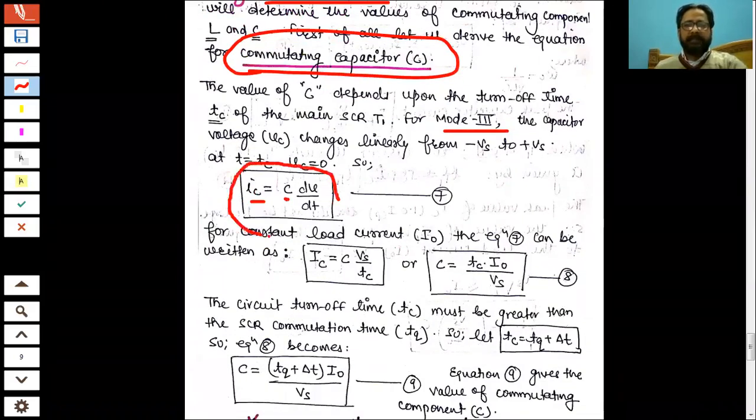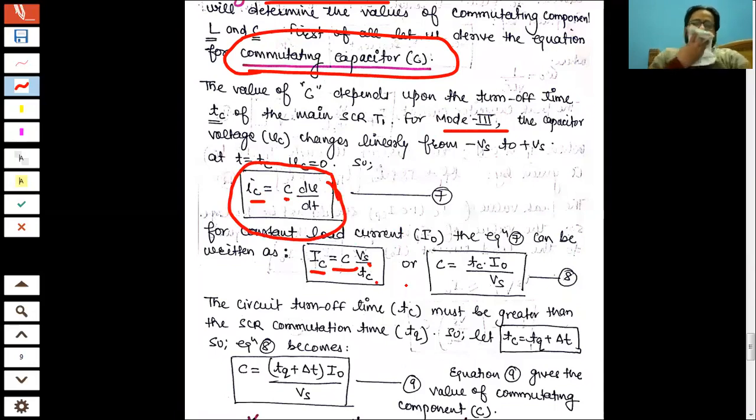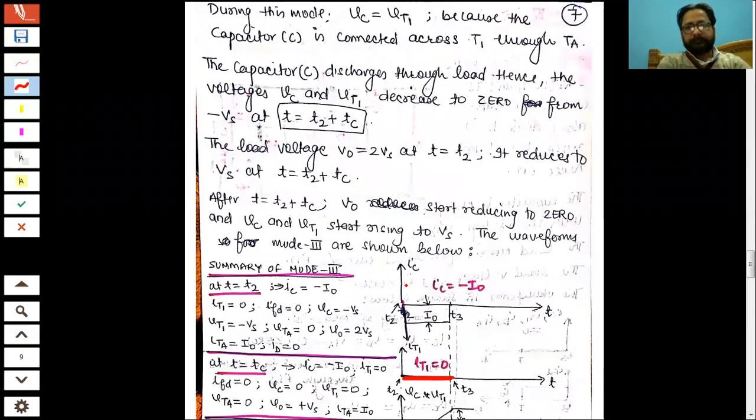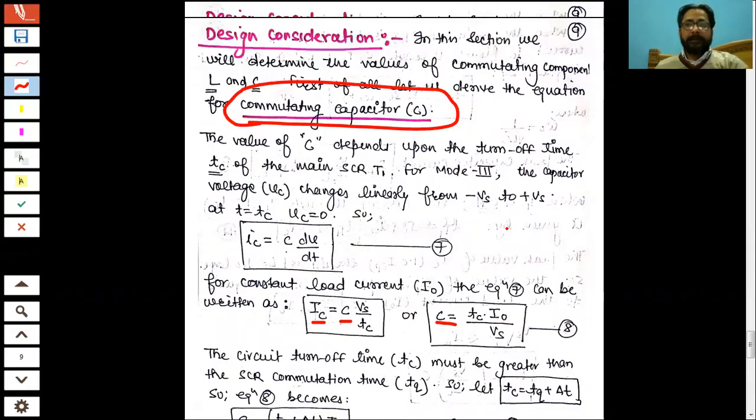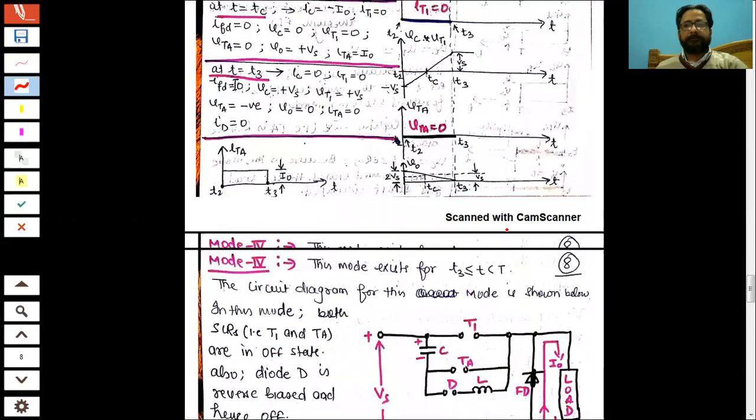So the static value of this equation can be written as IC is equal to C Vs by Tc. From here you can have the value of C is equal to Tc I naught by Vs, because IC is equal to I naught.